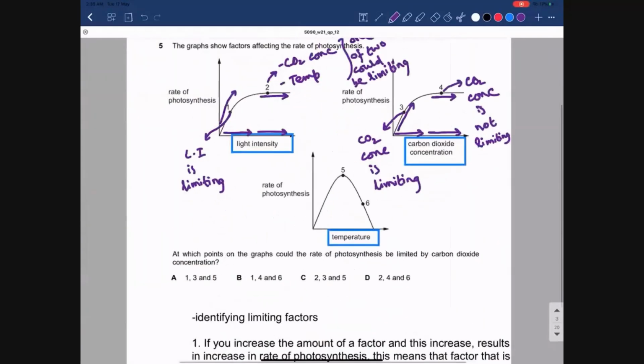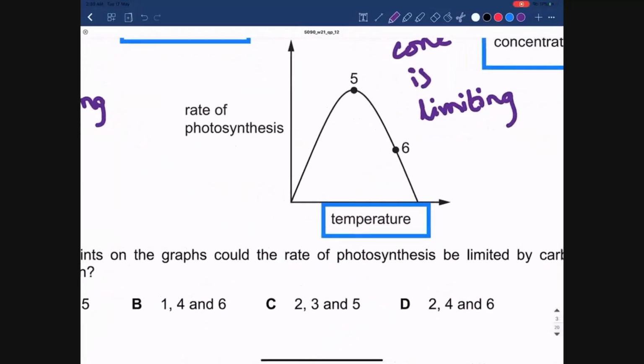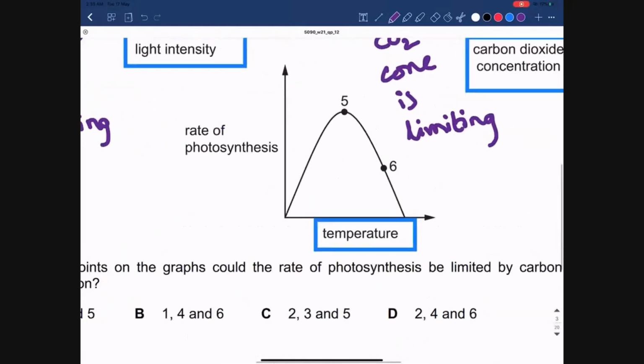Okay, let's talk about the third graph. So if we talk about point 5, after we increase the temperature beyond point 5, the rate of photosynthesis falls. It means temperature is not a limiting factor over here, right? If there was a point over here and we are increasing temperature, rate of photosynthesis is also increasing.